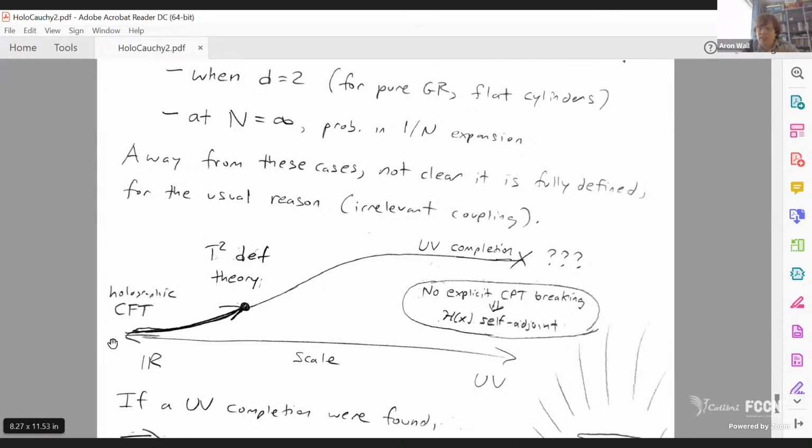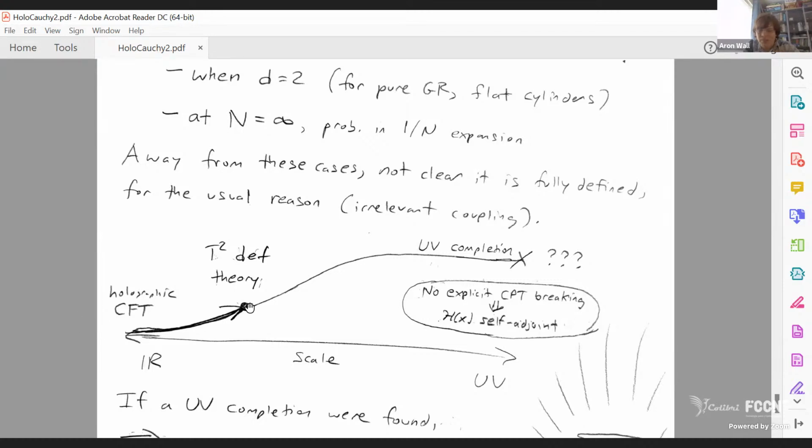Somewhat surprisingly, because this reverses the usual direction of IR versus UV that we usually think about in AdS/CFT, the usual boundary holographic CFT is actually the IR fixed point of this theory.